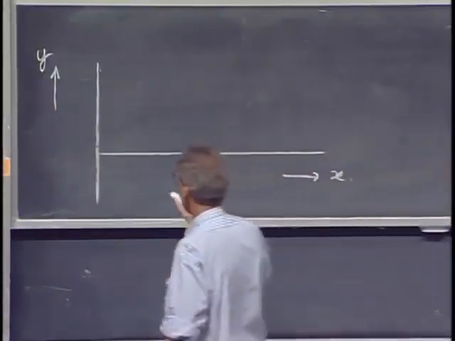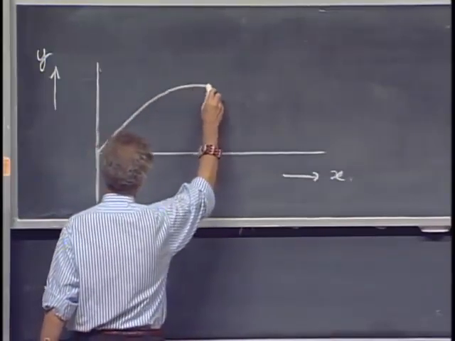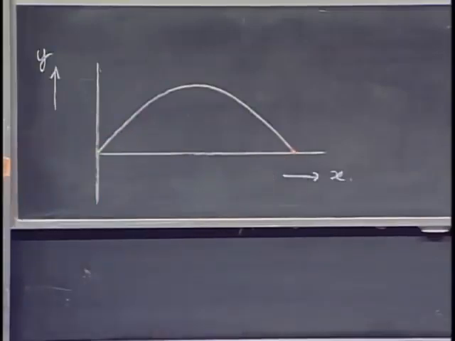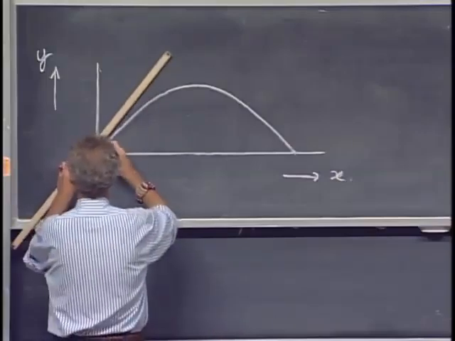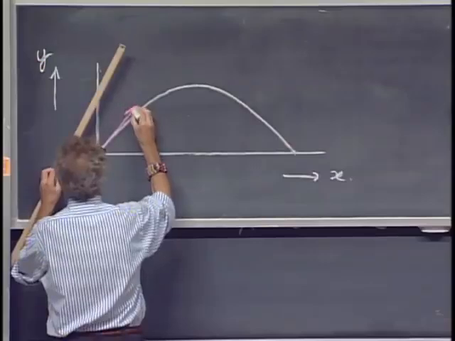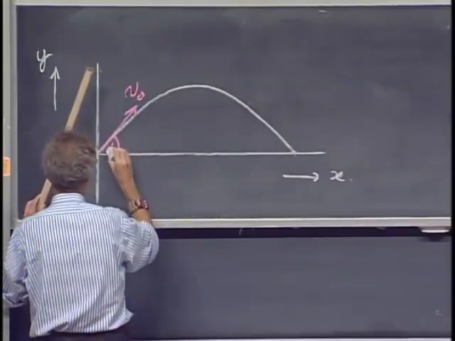I'm free in that choice. I throw up an object at a certain angle, and I see a motion like this, boing, and it comes back to the ground. My initial speed when I threw it was v0, and the angle here is alpha.